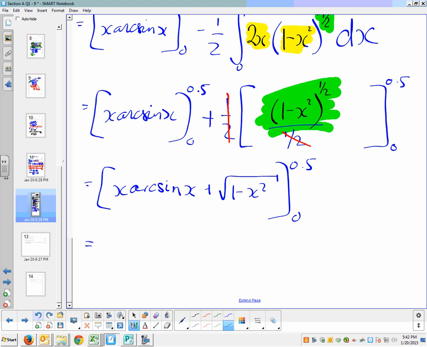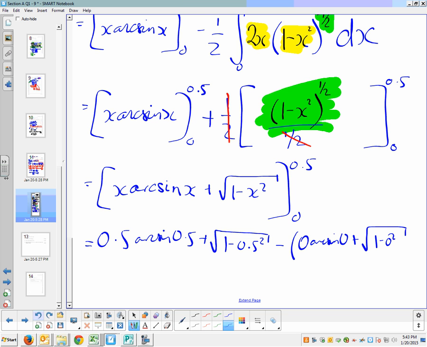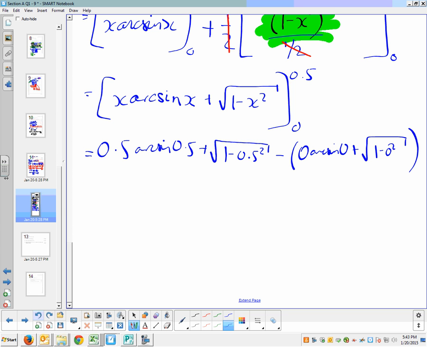And what you do is you drop in 0.5, arc sine 0.5 plus the square root of 1 minus 0.5 squared, minus 0 arc sine 0, which is going to be 0, plus the square root of 1 minus 0 squared, which is going to be 1.